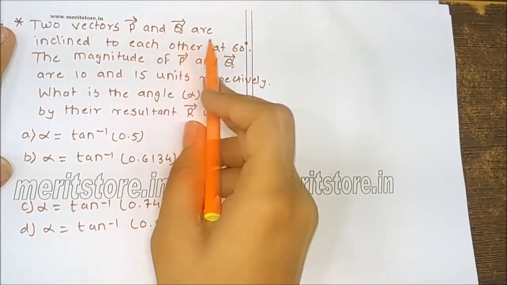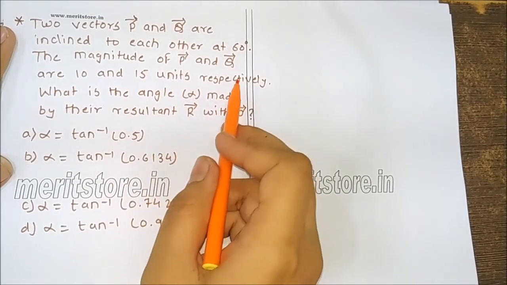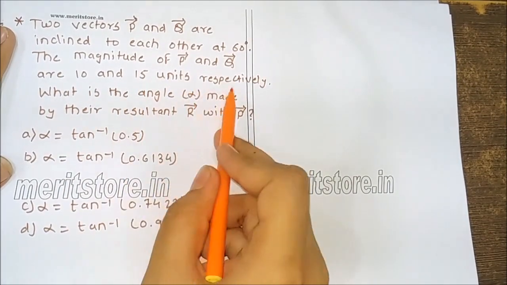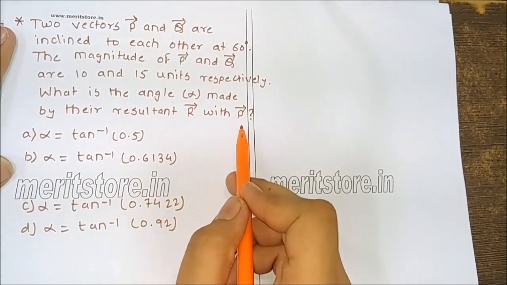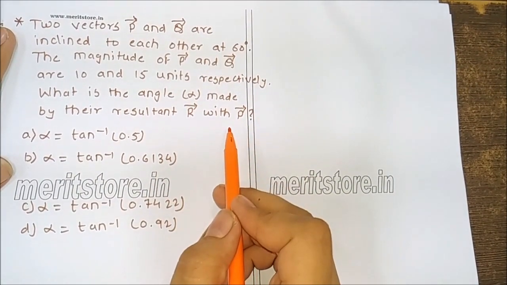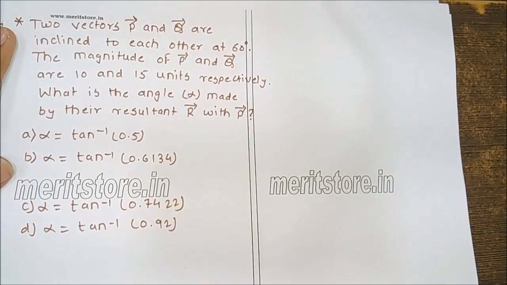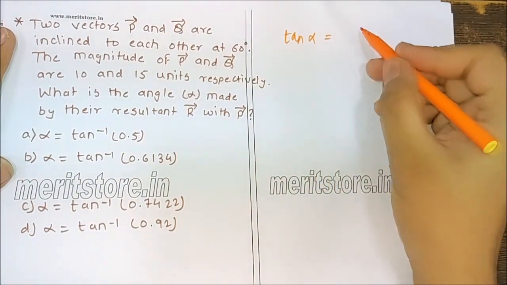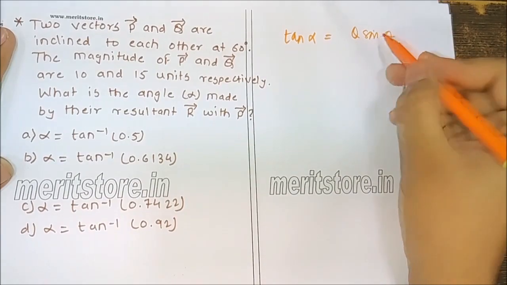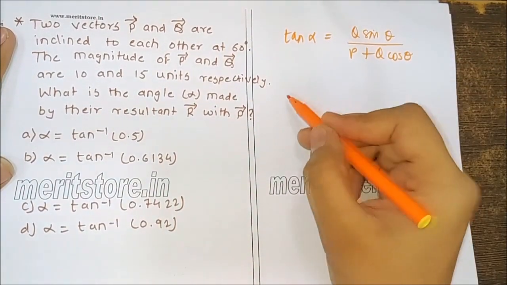Two vectors P and Q are inclined to each other at 60 degrees. The magnitudes of P and Q are 10 and 15 units respectively. What is the angle alpha made by the resultant R with P? Using the law of parallelogram of vectors, let alpha be the angle between the resultant R and P. Tan alpha is equal to Q sin theta upon P plus Q cos theta.